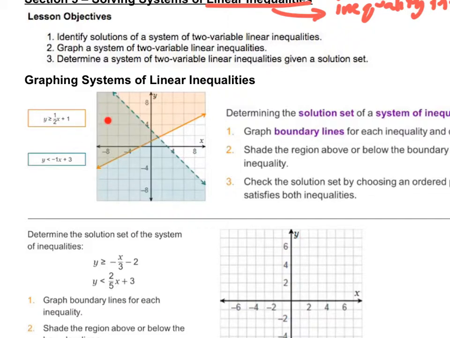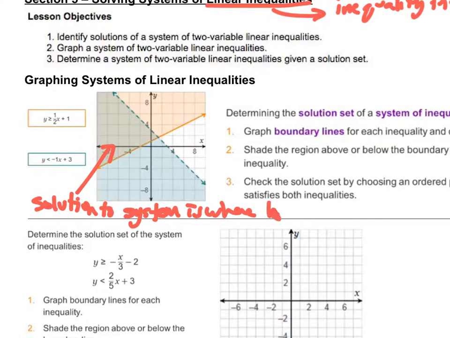Same thing over here with the blue one, y is less than negative 1x plus 3. And when you have this, what we want to find is the part where they both intersect. So the solution to the system is where both areas intersect.